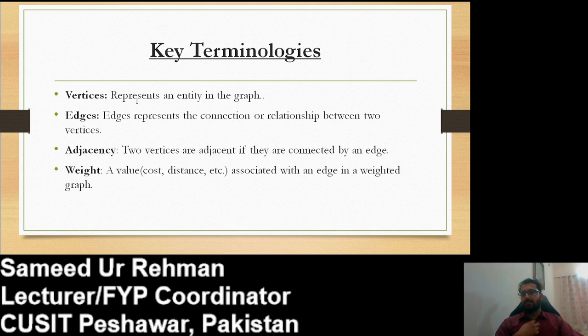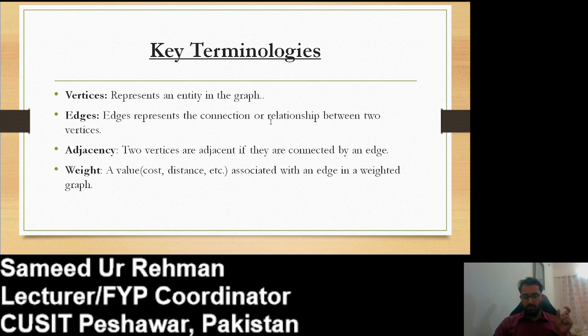So vertices represent the entity in the graph, as I earlier mentioned. The endpoints or data points in a graph are known as vertices or nodes. Edges represent the connection or relationship between two vertices. For example, I am a lecturer and I have a relationship with my students.